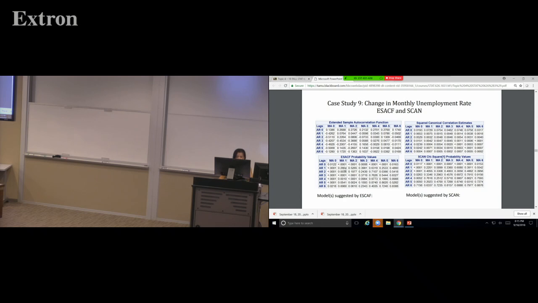There is a problem with the ARMA 1, 1, if you see here, with a significant value sitting in that triangle. So what I mean is you have to have your wits about you. Maybe if you're looking at your output, you use a highlighter or something and check where all the non-significant or the significant values are. You have to be very careful because they can all jumble together. So ARMA 1, 1 is not a model we would look at based on the extended sample autocorrelation function.